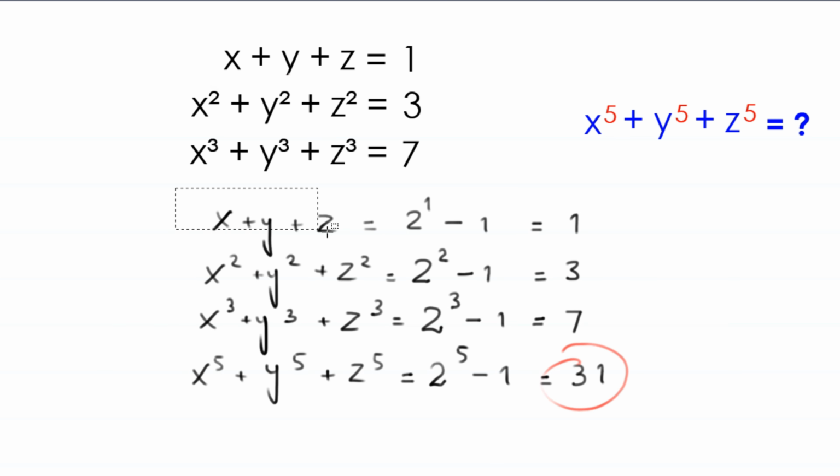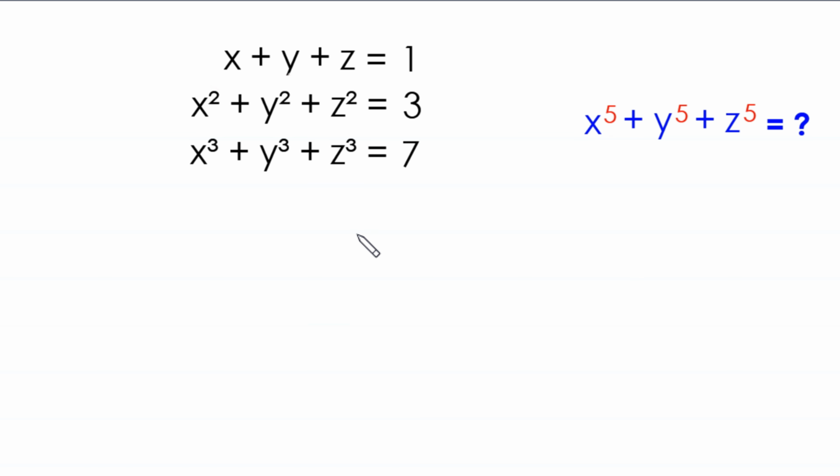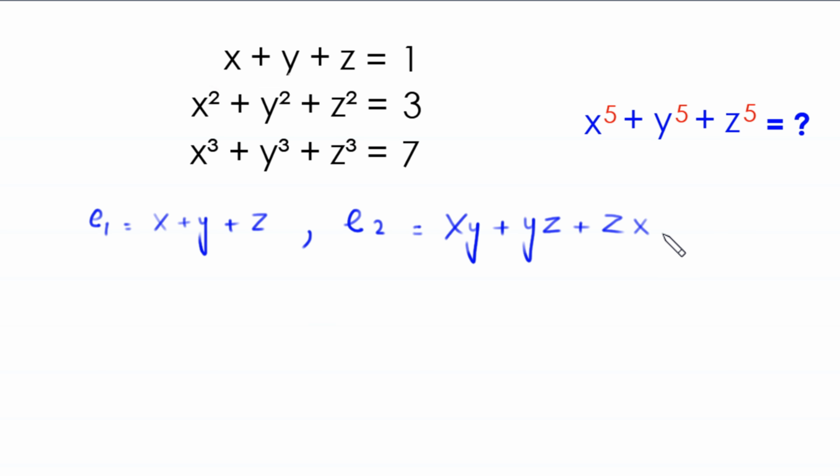So first we use Newton's sums formulas to find the elementary symmetric polynomials: E1, that is equal to x plus y plus z, and E2, that is equal to x times y plus y times z plus z times x, and E3, that is equal to the product x times y times z.